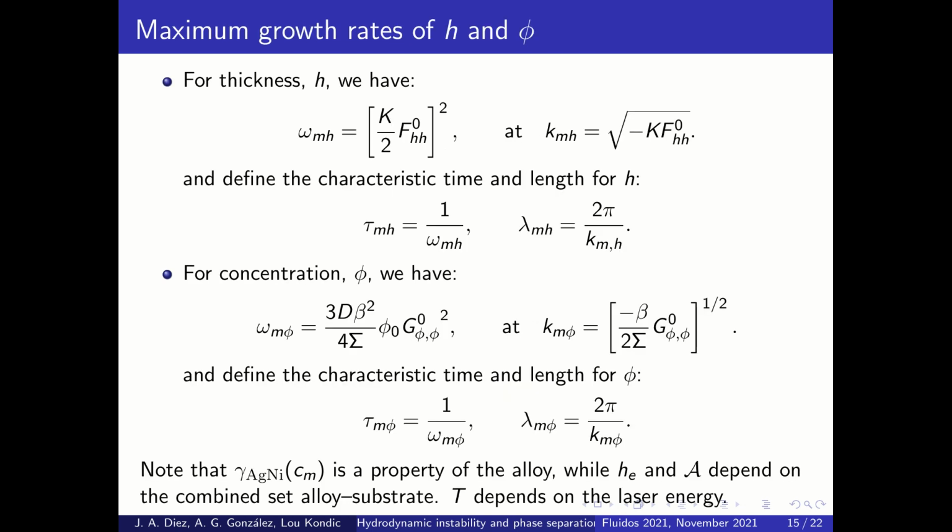Of course, since the linear stability analysis is analytic, one can also obtain the expressions for the maximum growth rates and the wavelengths and wave numbers at which these maximum growth rates occur. These expressions will be very important to determine the characteristic constants of our experiment.